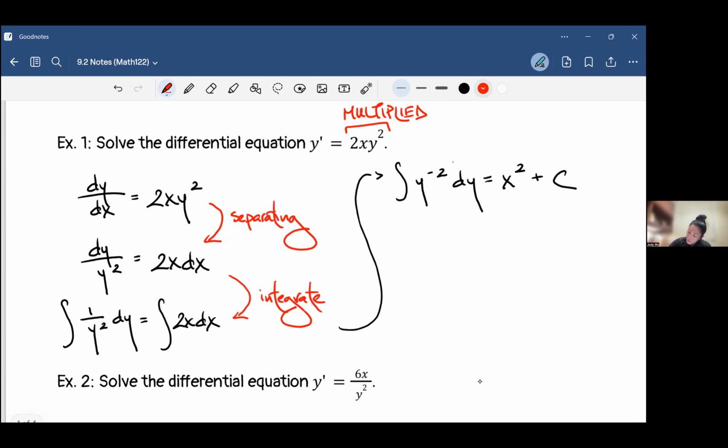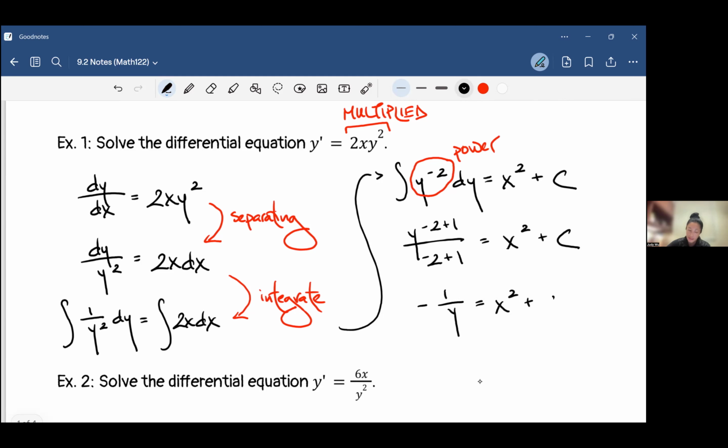I wanted to rewrite this because this right here will require that we use the power rule, okay? So I'm going to get y to the negative 2 plus 1 over negative 2 plus 1 equals x squared plus c, okay? I'm going to simplify this left-hand side, and I get negative 1 over y equals x squared plus c.